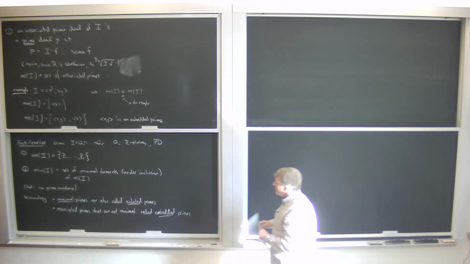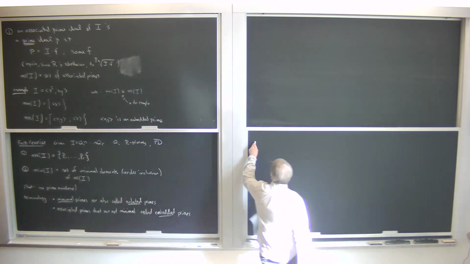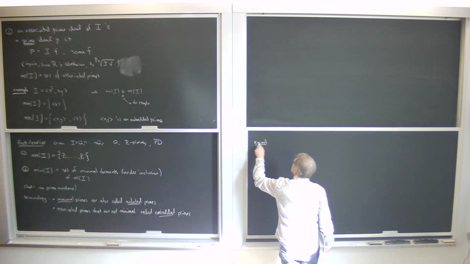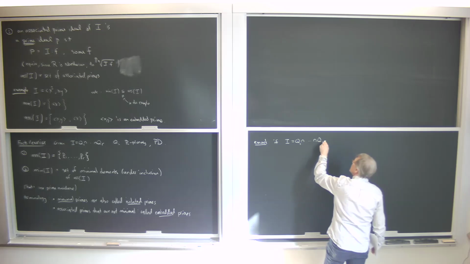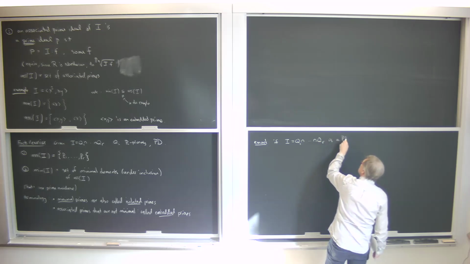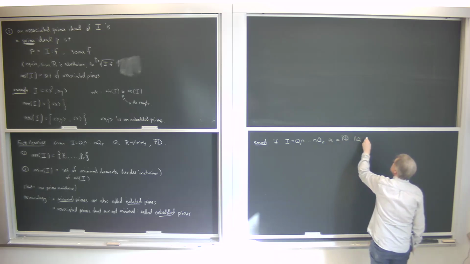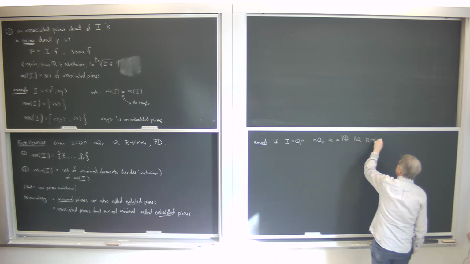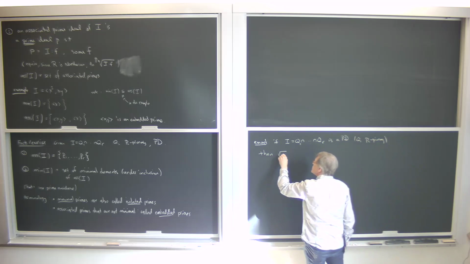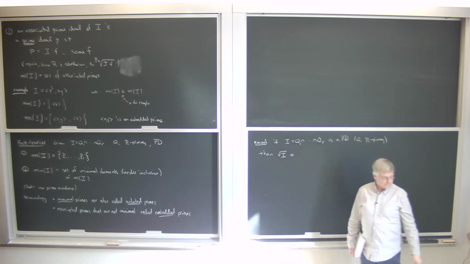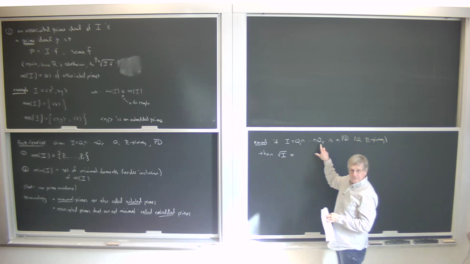Okay, so anyway, there's a lot. Let's see, what else do I want to say about this? Here's a little remark. If I is equal to Q1 intersect ... intersect QR is a primary decomposition, and let's say QI is PI primary, then what is the radical of I equal to? Well, if you think about it, it's the intersection of all these primes.